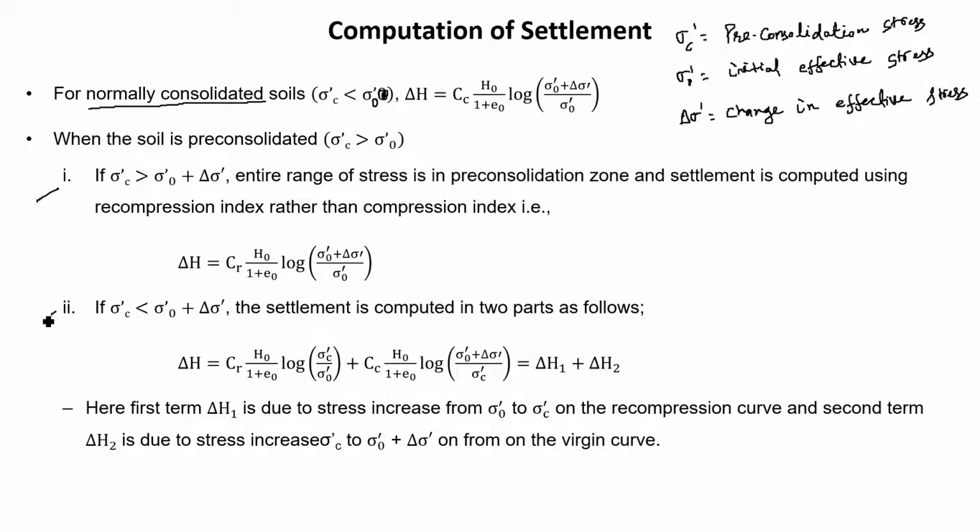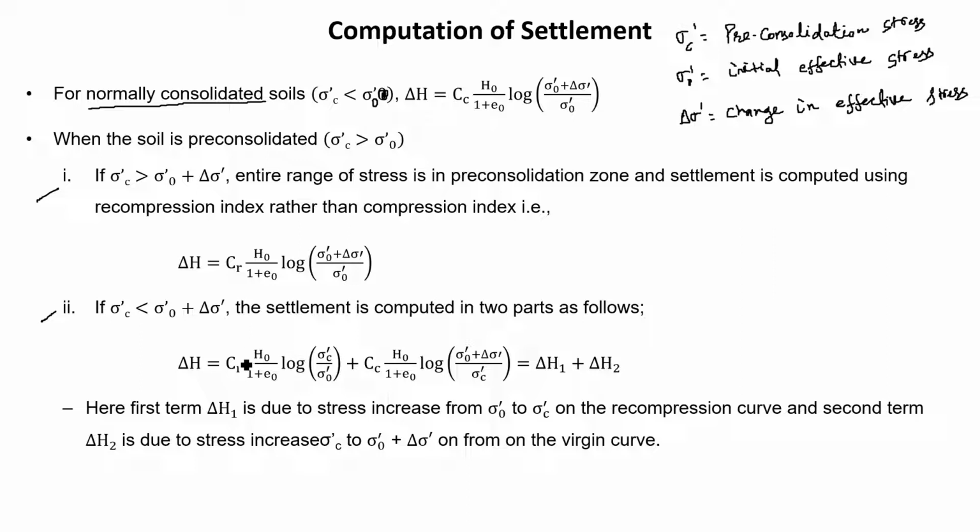Now, the second case under pre-consolidated soil is if sigma c dash is smaller than sigma naught dash plus del sigma dash, then the settlement is computed in two parts. As you can see, the formula is written on your screen.